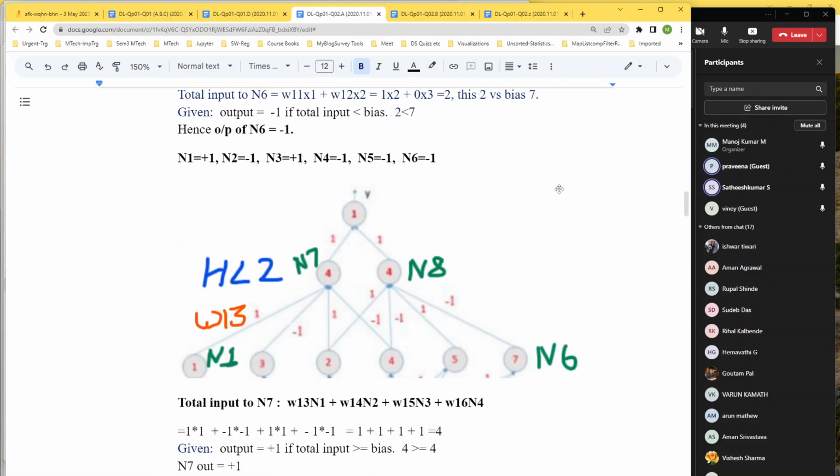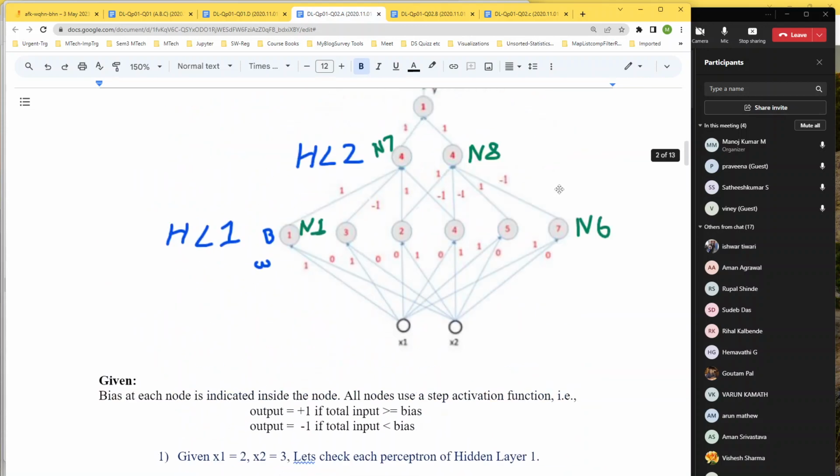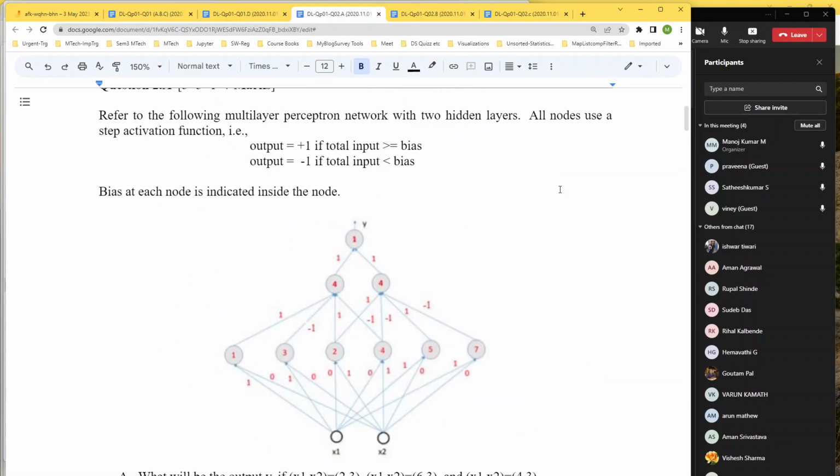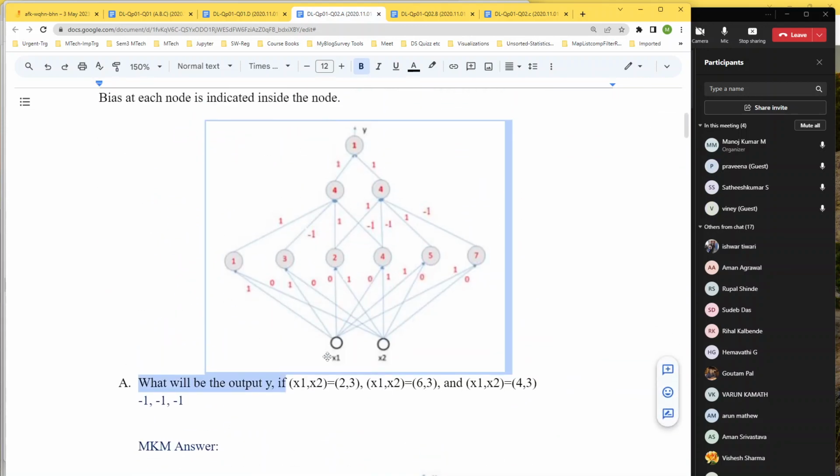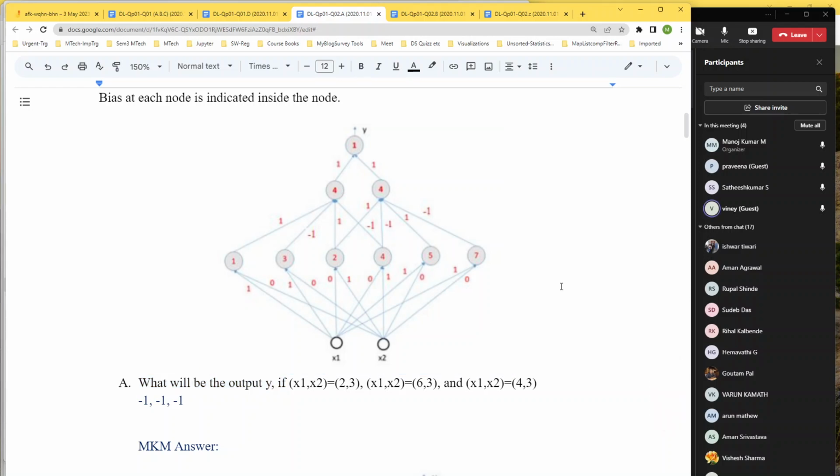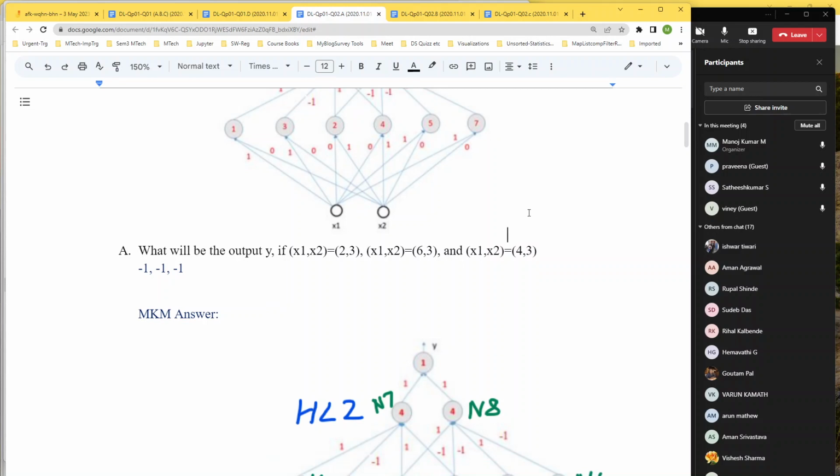So only the input is 6. The input x1 is 6, this 1 into 6. They have asked for x1 and x2, and bias is fixed there. Satish, you are right, there is no number 6. There is 1, 3, 2, 4, 5. 1, 2, 3 is not there, 1, 3, 2 is there, and this bias is different.